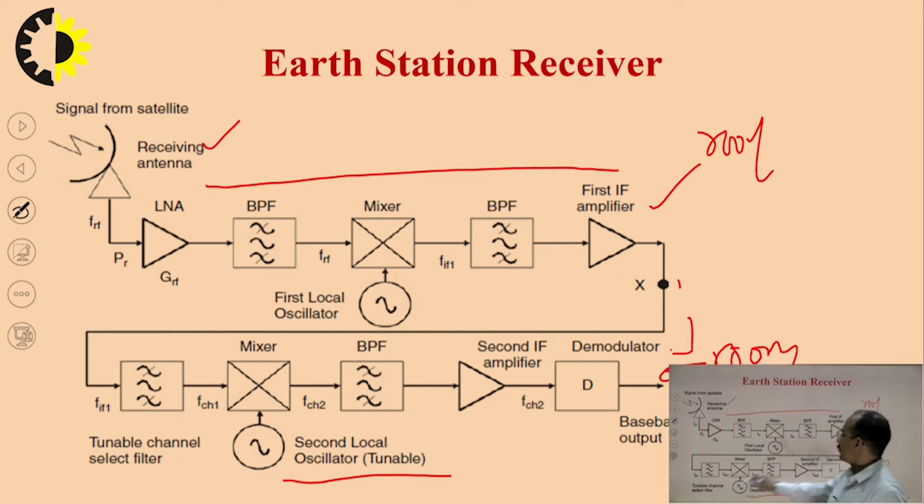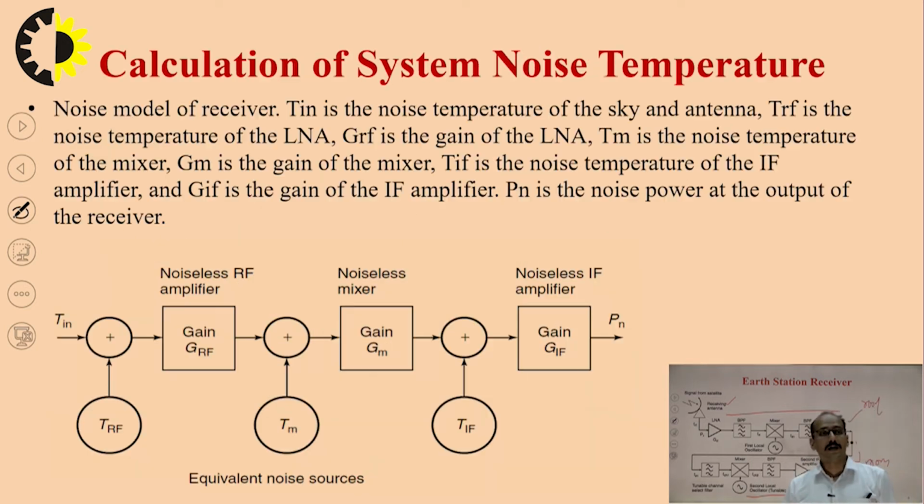Now this is the second down converter with a tunable channel select filter. Then the second local oscillator is tunable, because otherwise you cannot tune the signal for a fixed frequency or down convert it for the second intermediate frequency amplifier. Then the demodulator and the baseband output. So this is the simplified diagram of an earth station receiver using this link equation.